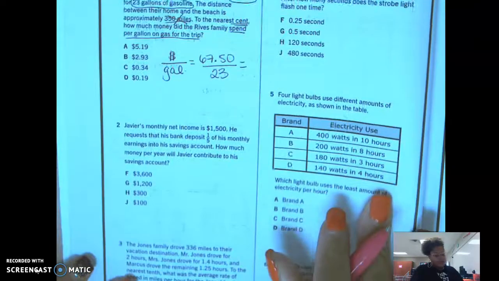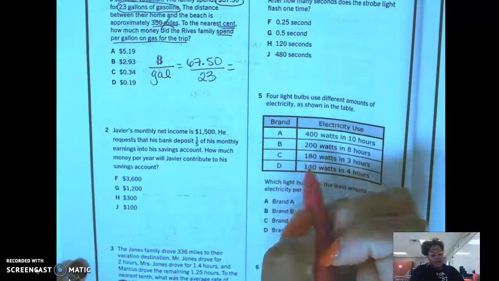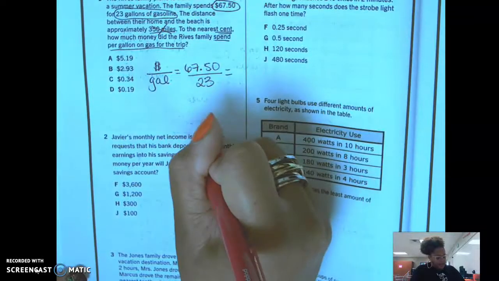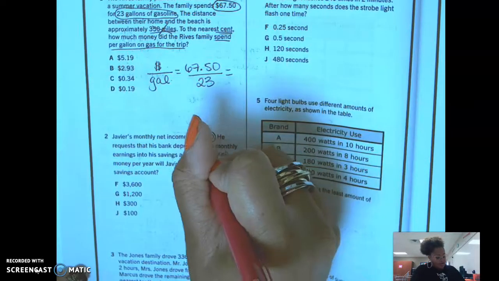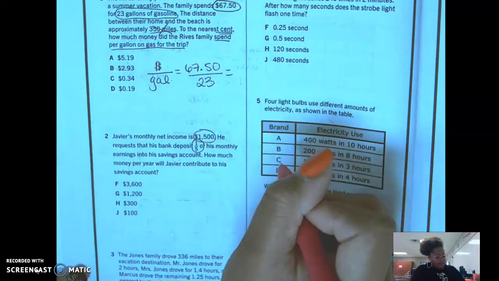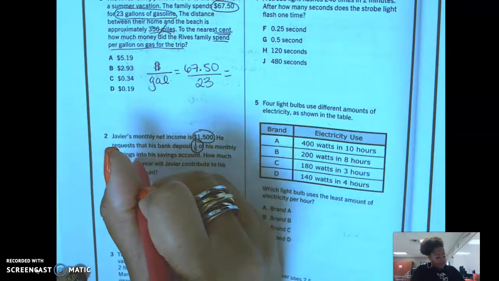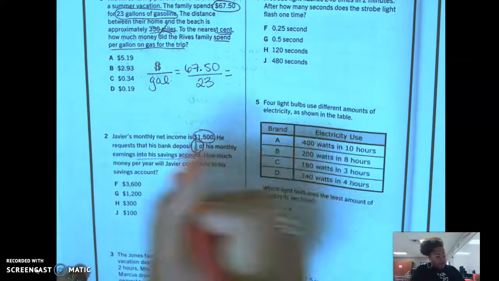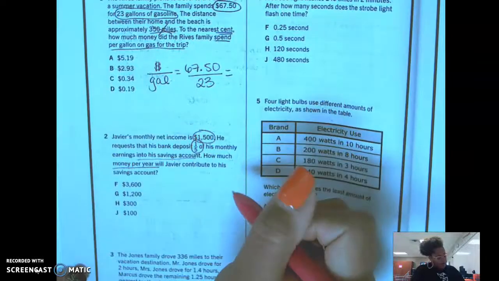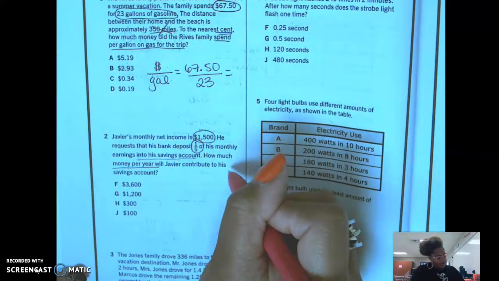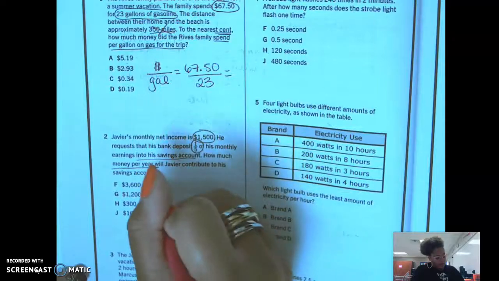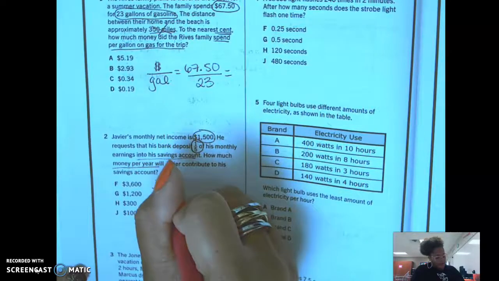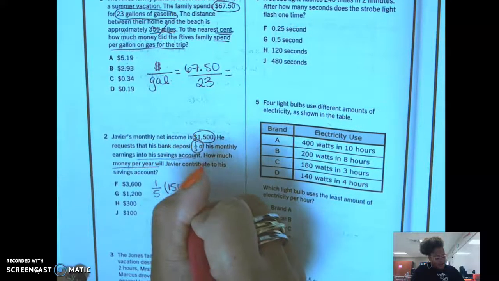Next question says Javier's monthly net income is $1,500. He requests that his bank deposit 1/5 of his monthly earnings into a savings account. It's going to savings. How much money per year will Javier contribute to his savings account? So per month, it's 1/5 times 1,500.